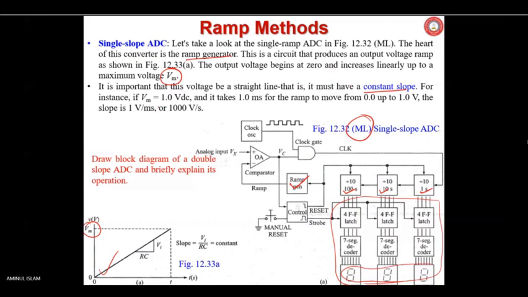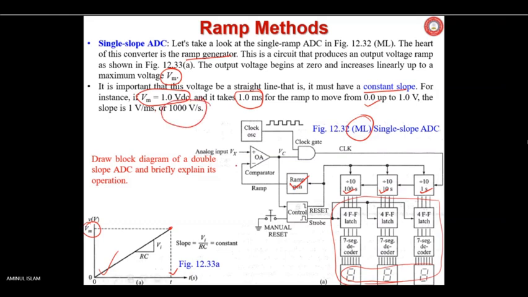For instance, if Vm equals 1 volt DC, it takes 1 millisecond, for example, to reach up to this point. This is the time: 1 millisecond for the ramp to move from 0 to 1 volt. The slope is 1 volt per millisecond, or 1000 volts per second.